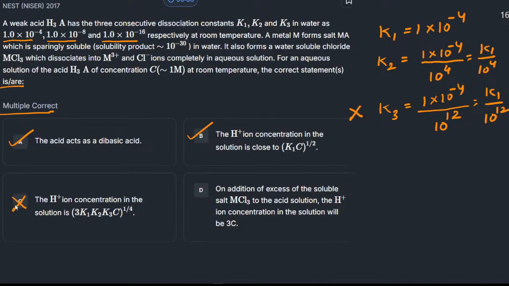Now option D: if we add excess of soluble salt MCl3 to this acid solution, we have H3A.